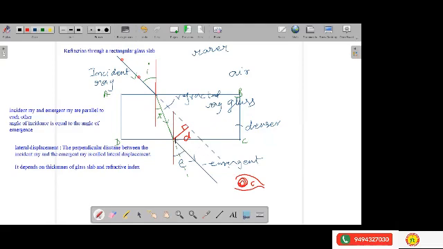So with the glass slab, we will be able to find out the lateral displacement. Any doubts in this refraction? Okay, so we'll continue with this refraction.